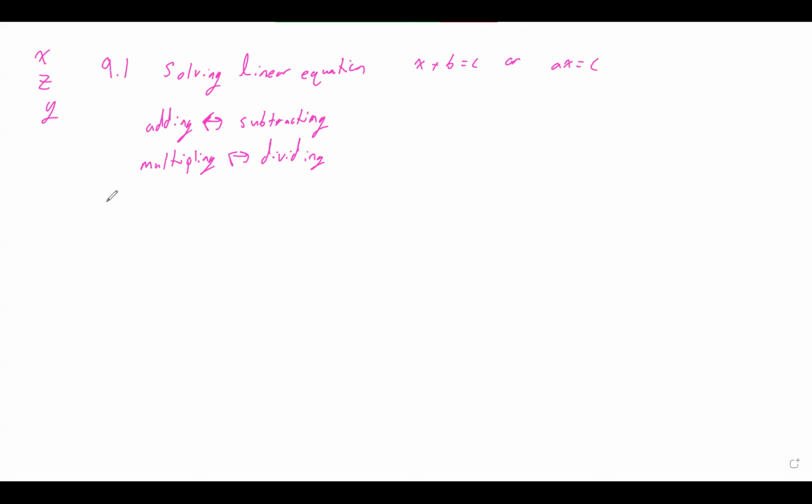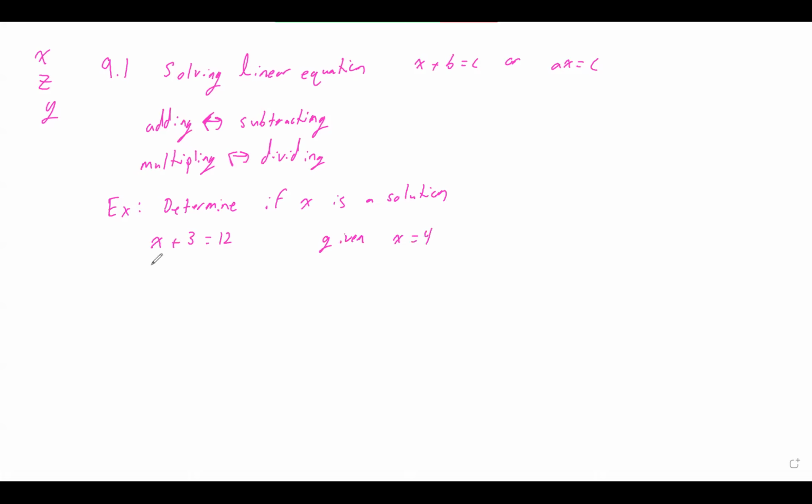The very first type of homework you're going to see is determining if something is a solution. Here's our first example. We have x plus 3 equals 12, and you are given x equals 4.